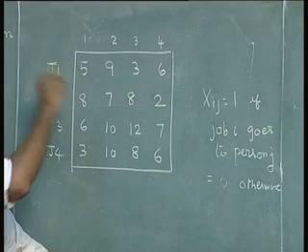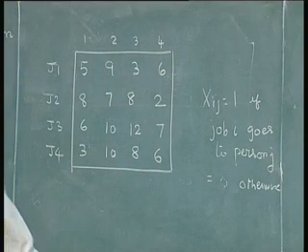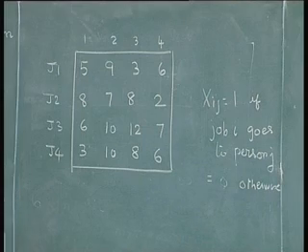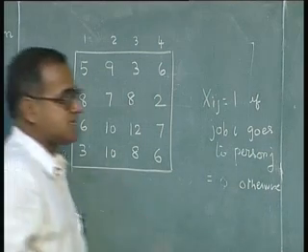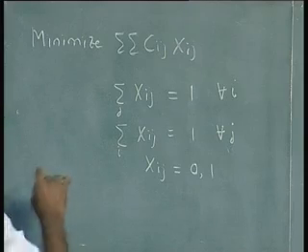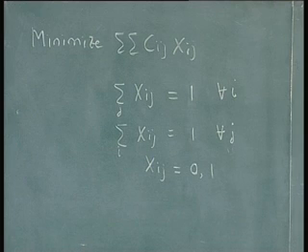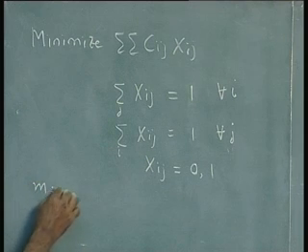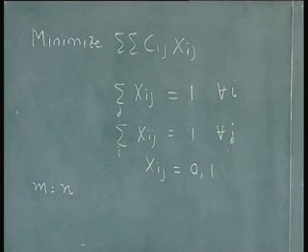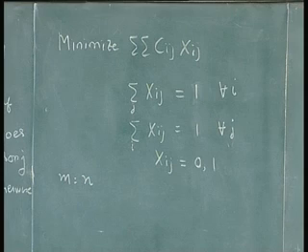We have an equal number of jobs and an equal number of people, whereas in a transportation problem we had m supply points and n destination points. So first thing is, the assignment problem is a special case of a transportation problem where m is equal to n. You can always think of this as supplies and this as demands.